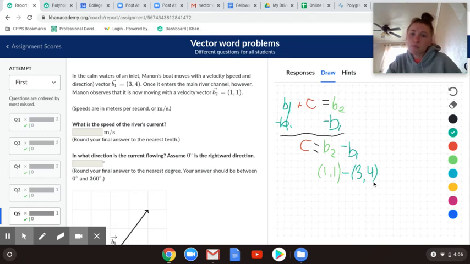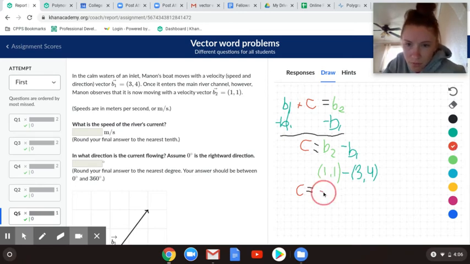Okay, now if I subtract the x's and I subtract the y's, I should get my C vector. Again, it should have an arrow on top of C. That's hard enough to write letters. So my new vector is: 1 minus 3 is negative 2, and then 1 minus 4 is negative 3.